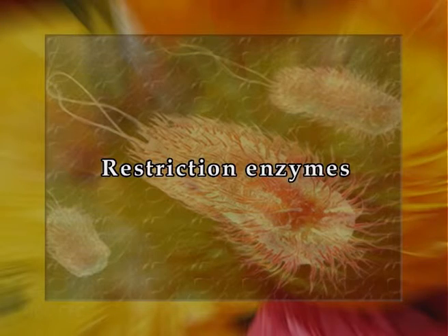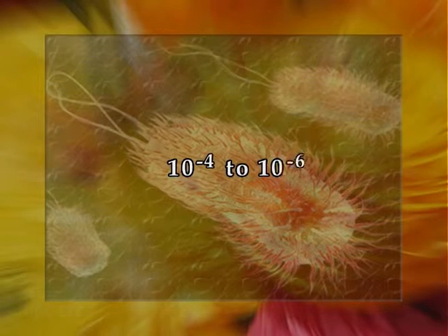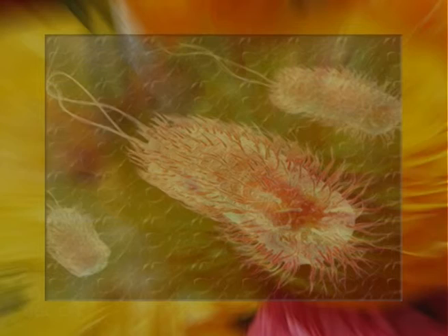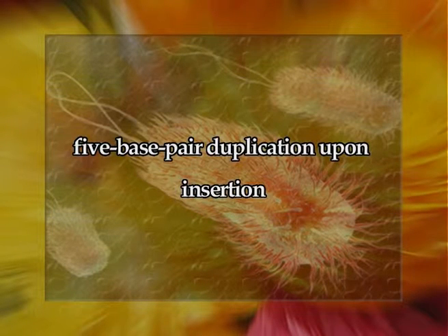A similar separation of recognition and action sites has been seen with certain restriction enzymes. The frequency of transposition tends to be variable, ranging from 10^-4 to 10^-6. And in the case of Tn3, involves a 5 base pair duplication upon insertion.